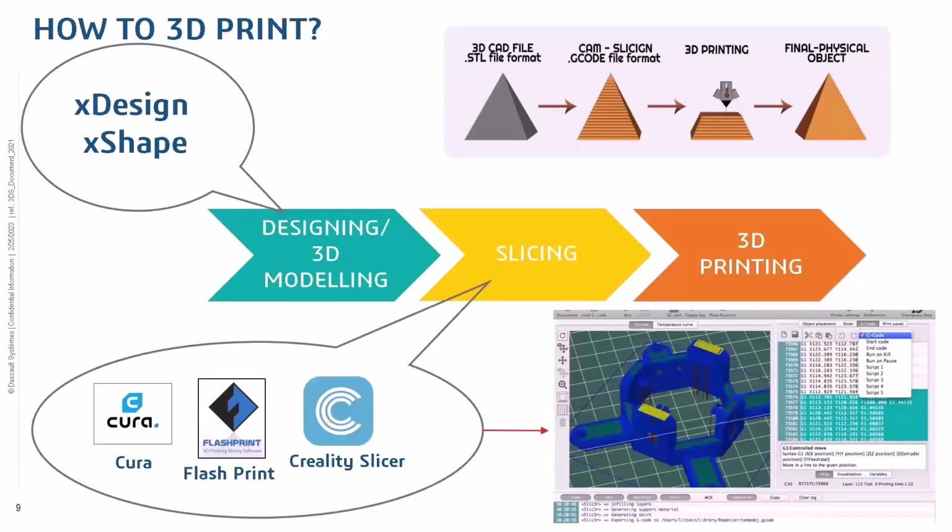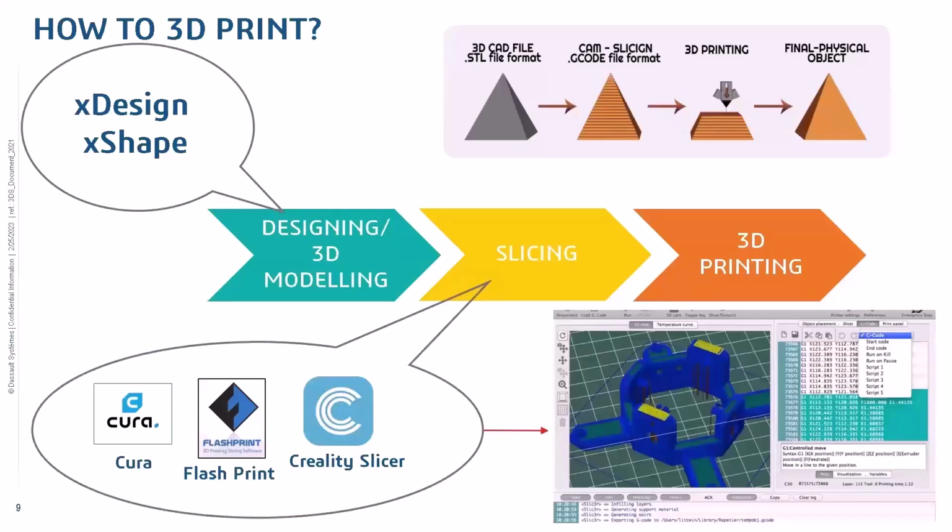Slicing is nothing but converting the model into a language that the 3D printer will understand. And the last one is the 3D printer. We are going to cover all three processes and the important aspects of each so that we get an overview and can start building our products.